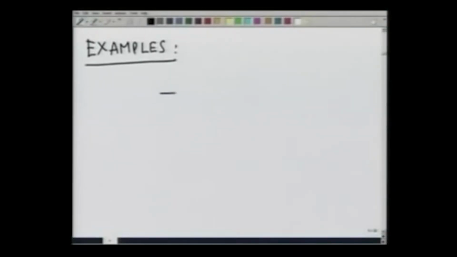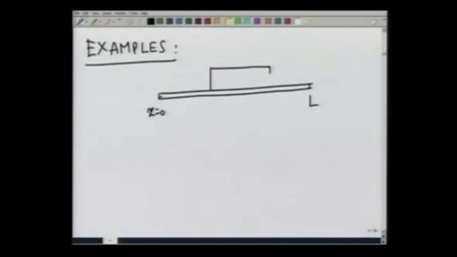Suppose I have a beam, let us call this point x equal to 0, of length L, and there is a force distribution of the form of a rectangle from point x1 to x2.